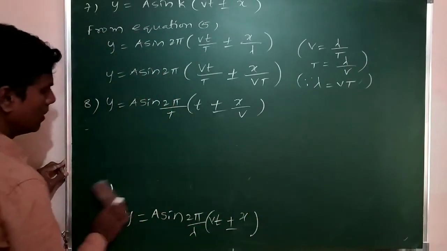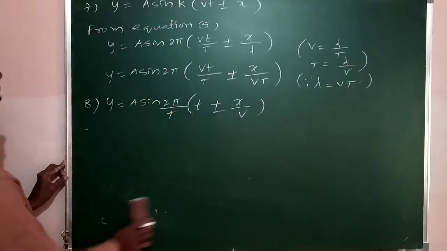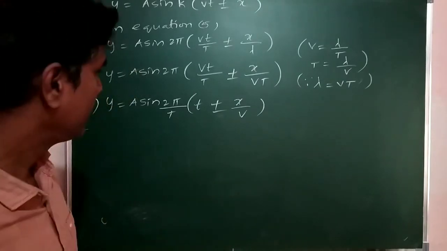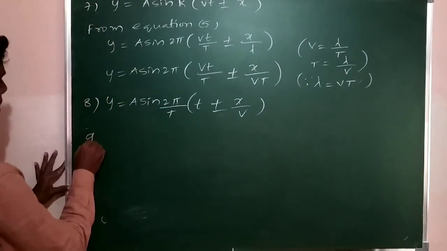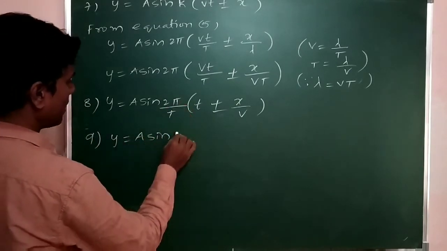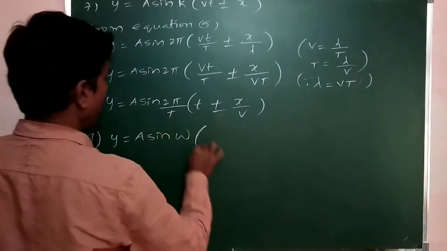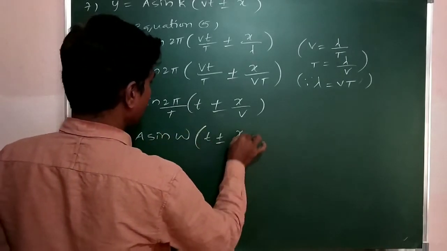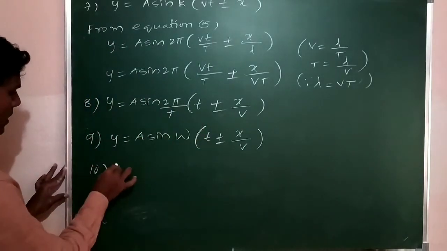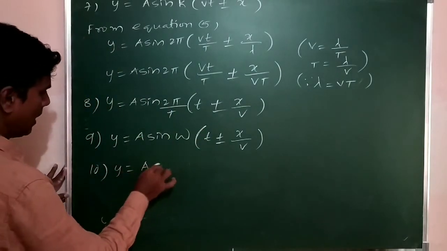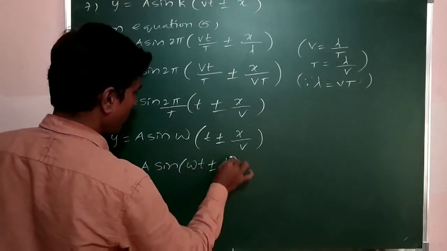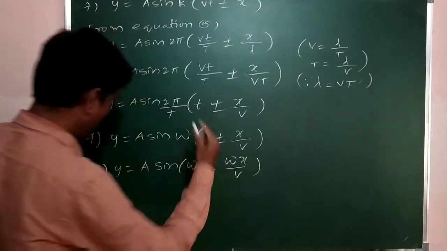That is how the equations are changed step by step. Here the ninth equation, y equal to a sine, 2 pi by T is nothing but omega, omega of t plus or minus x by v. Here you can multiply, the tenth equation, y is equal to a sine omega t plus or minus omega x by v.